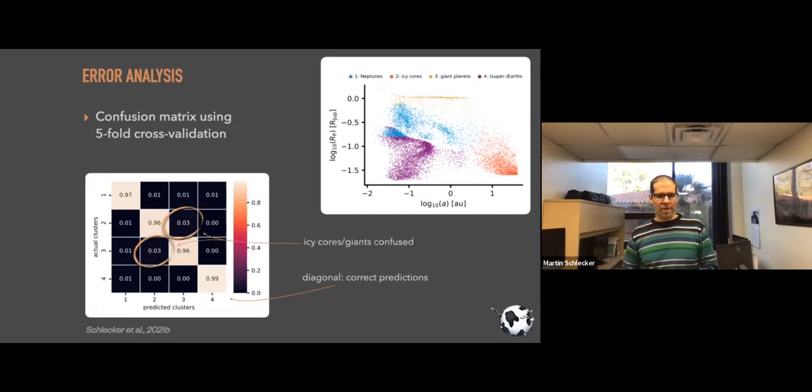For example, cluster 2, which are these icy cores out there that did not grow significantly, are often confused with cluster 3, which are the giant planets. So some planets forming on distant orbits are apparently at the brink of becoming gas giants. And in the paper, we find some rules or thresholds in the parameter space for this decision.